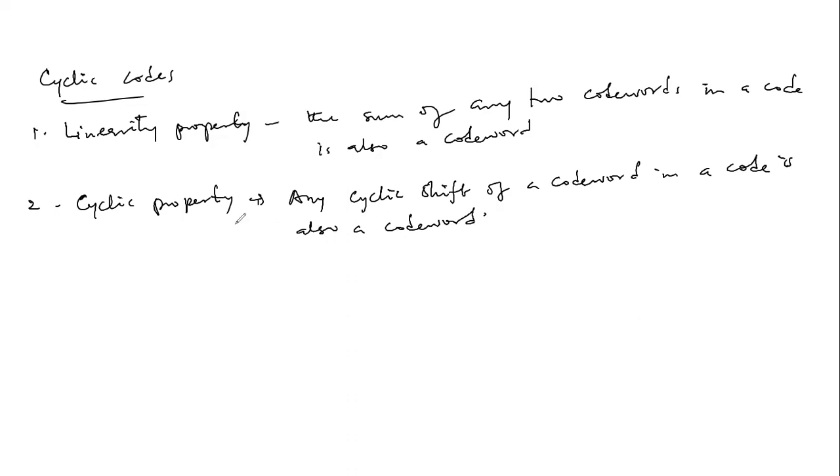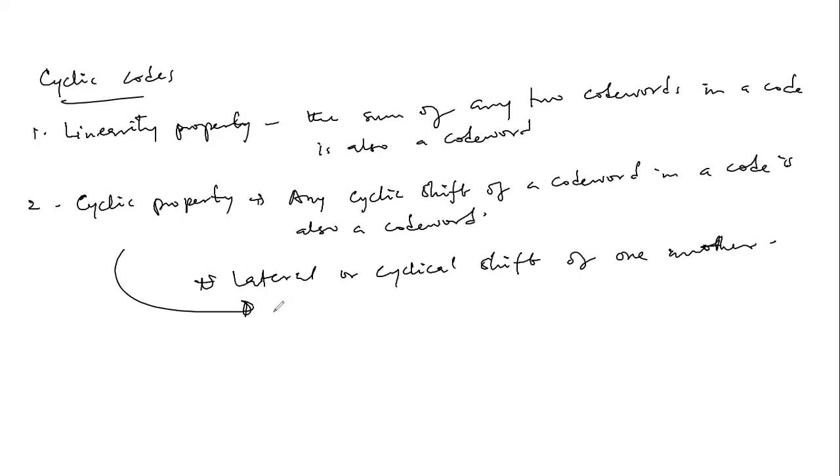So the code words of a cyclic code are cyclic shifts of one another, and can be represented and derived using polynomials.